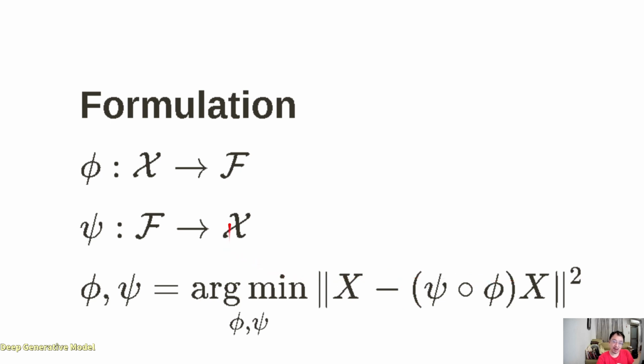So basically, the autoencoders that we are interested in are the autoencoders where the encoder and the decoder work like an inverse function, the decoder works like an inverse function of the encoder.